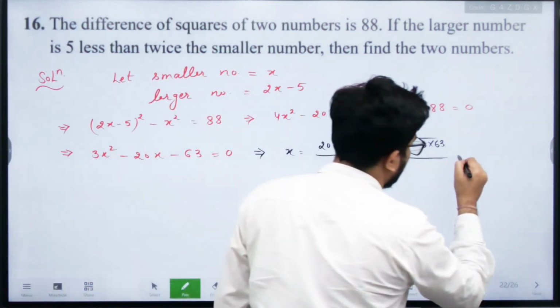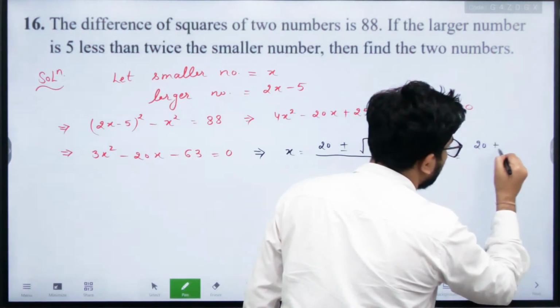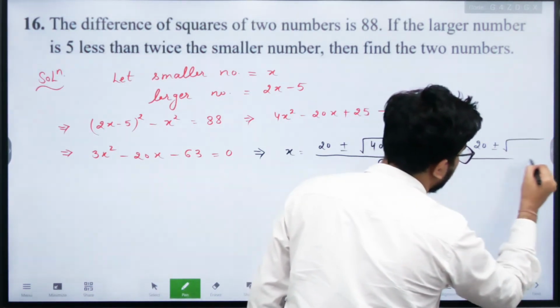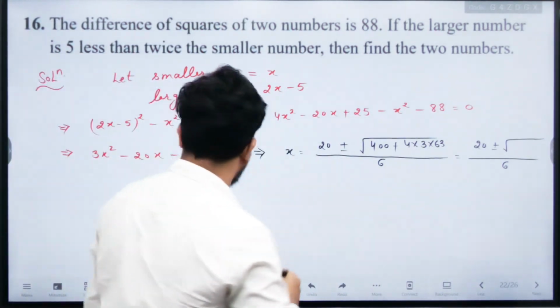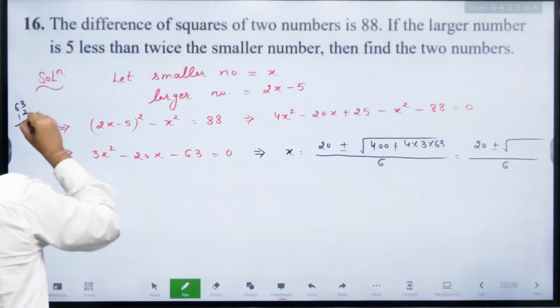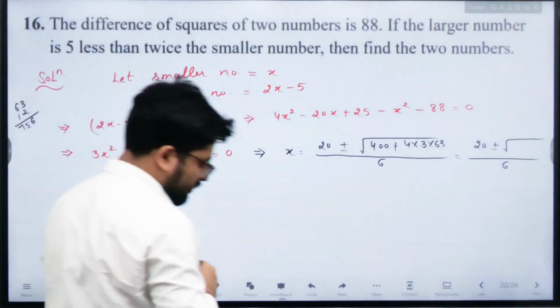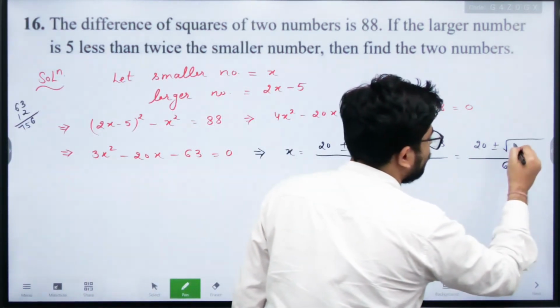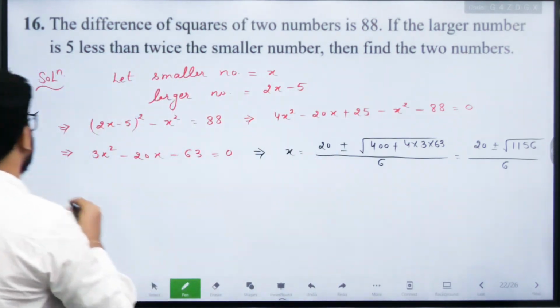Now if you calculate it, you get 20 plus minus under root of something divided by 6, and this something is 12 into 63. 12 into 63 is 756. 756 plus 400 is 1156, and 1156 is 34 square.